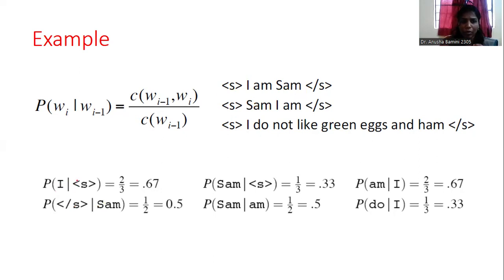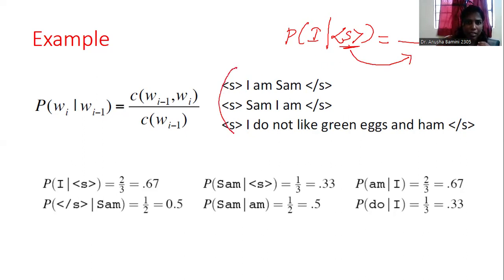Okay, I am calculating the probability of I here. I want to calculate the probability of I, how many times it occurs as a start string. So I have to write it as the probability of I occurring after the starting string. First, check how many times the starting string is occurring in all the given statements.